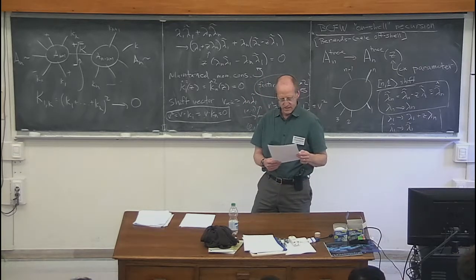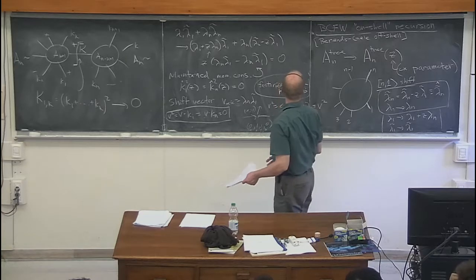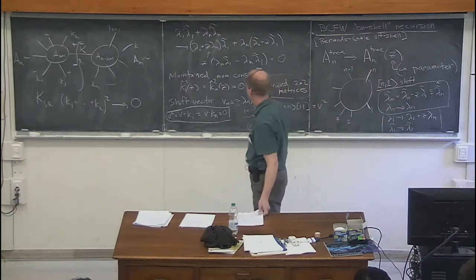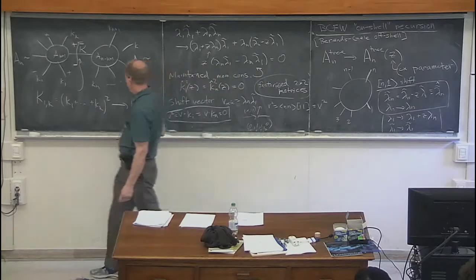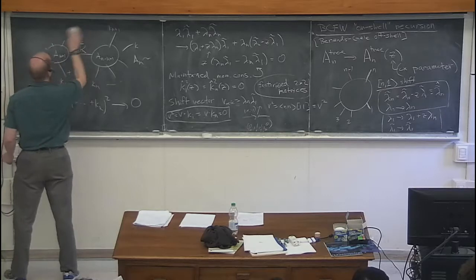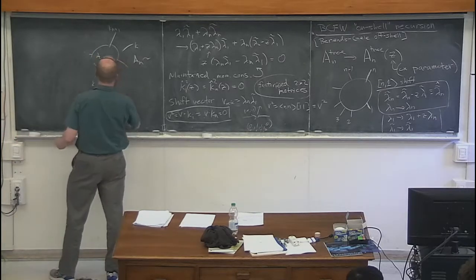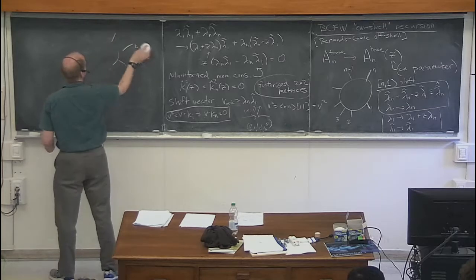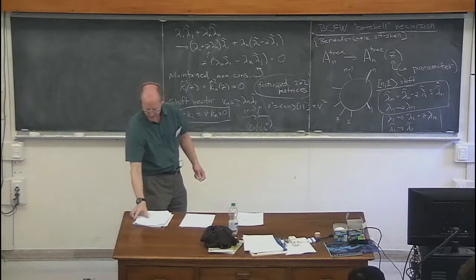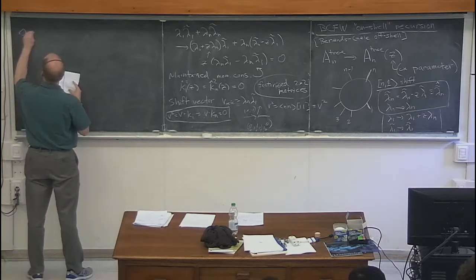Okay, so the basic idea is that we now have this amplitude as a function of z, and we need to think about its singularities in the z-plane. To be clear, let's use the following formula.